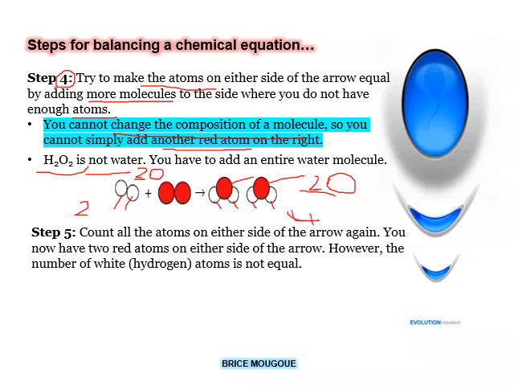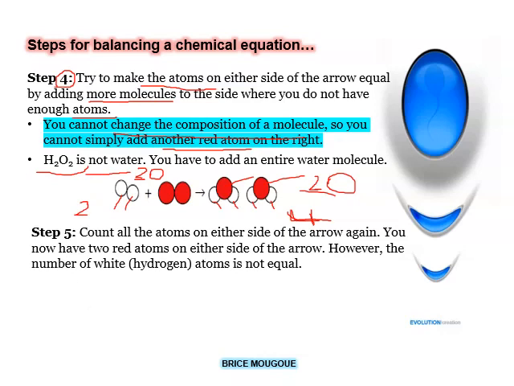Now there is a new problem. Oxygen has been fixed, but at the expense of damaging the order that we had for hydrogen. So now we need to also sort out hydrogen.